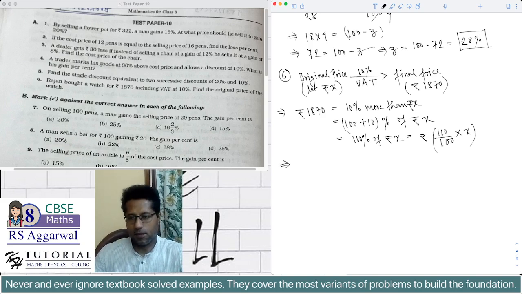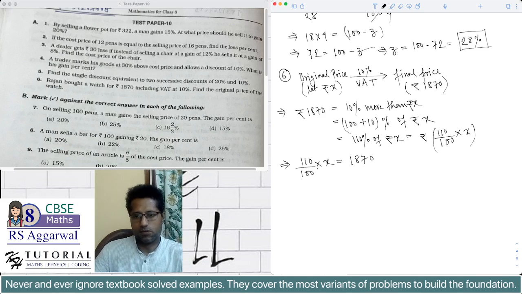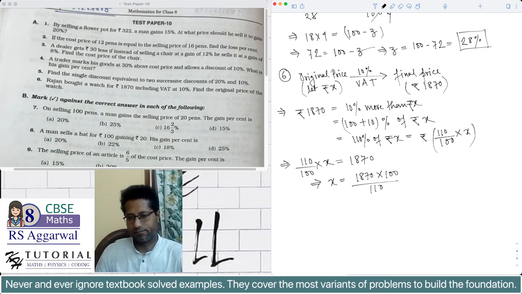So we can say now that 110 divided by 100 multiplied by X is equal to 1870. So this is a linear equation in X, and we can easily solve for X. X is equal to 1870 multiplied by 100 divided by 110.